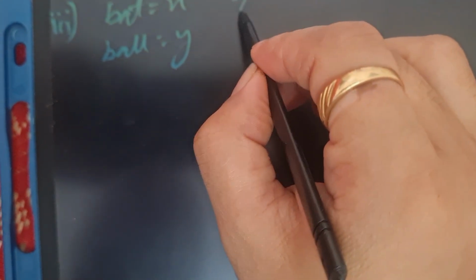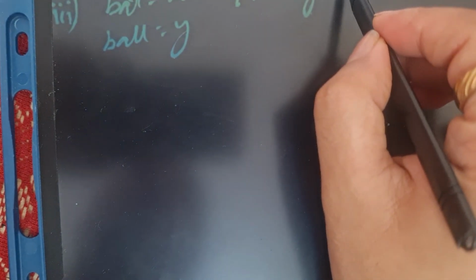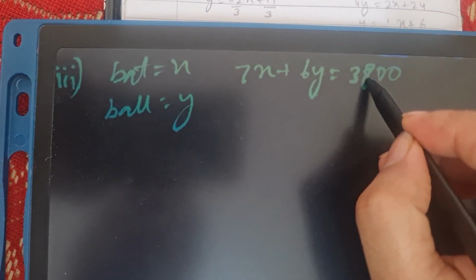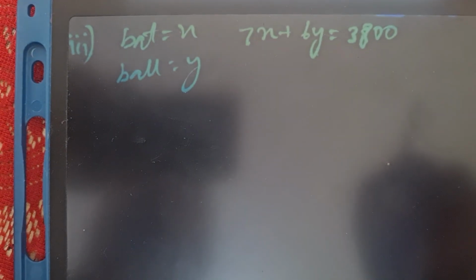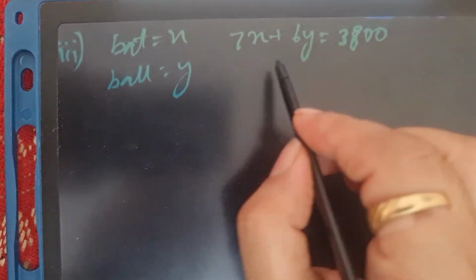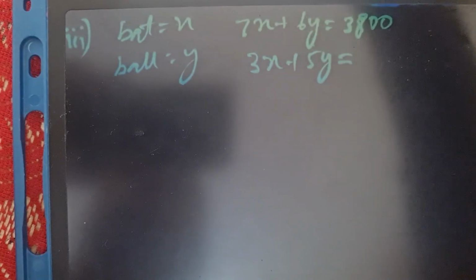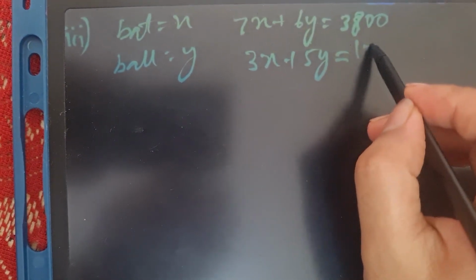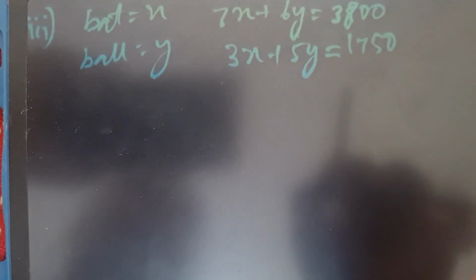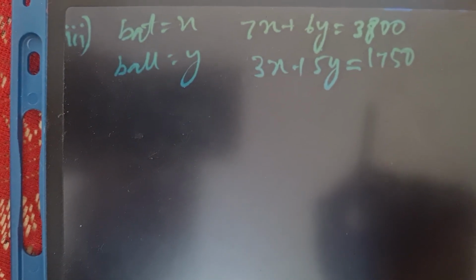So 7x plus 6y is equal to 3,800. Later she buys 3 bats and 5 balls for 1,750. Find the cost of each bat and each ball. We need to actually find the value of x and y.